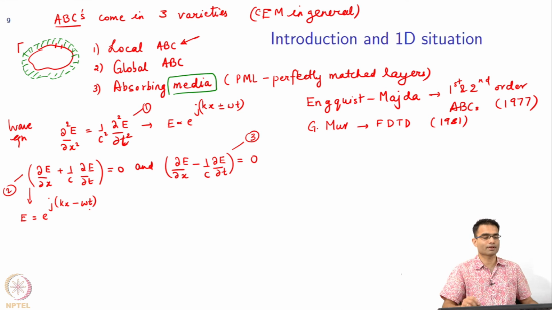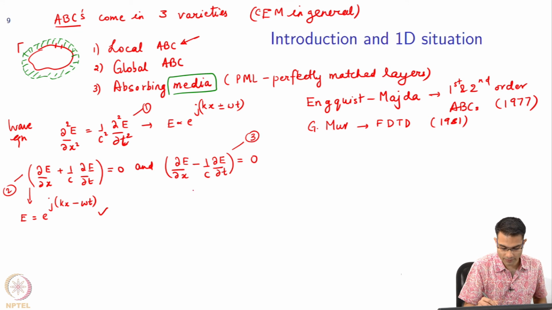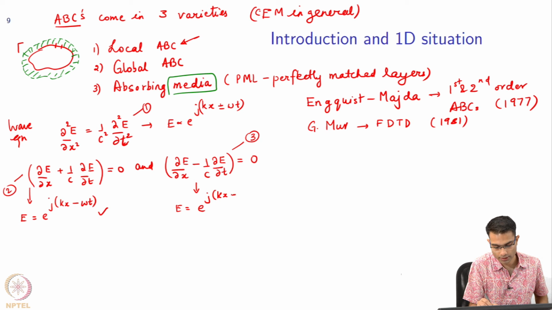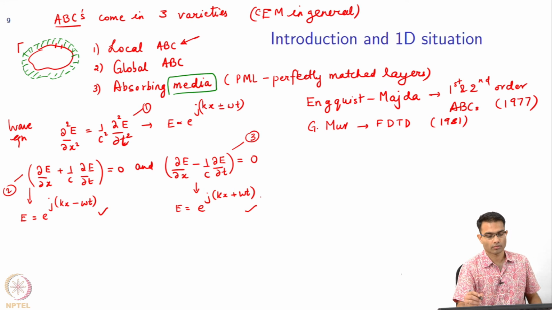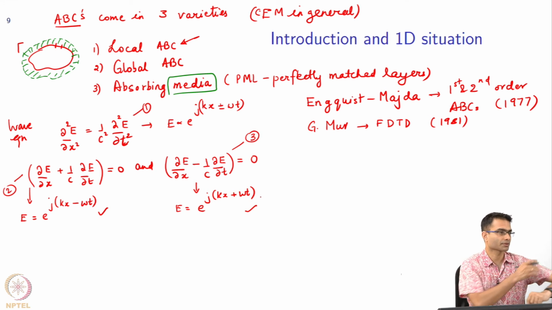The first derivative gives me a plus jk, the second derivative gives me a minus j omega by c, and omega is equal to ck. So, I get that it is satisfied, right. And the second equation gives me E equal to e to the j(kx plus omega t). But they do not satisfy the other equation.